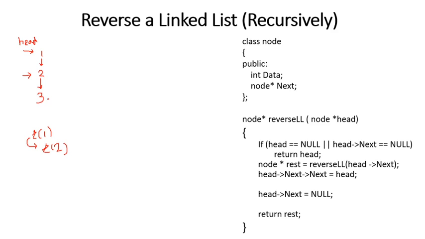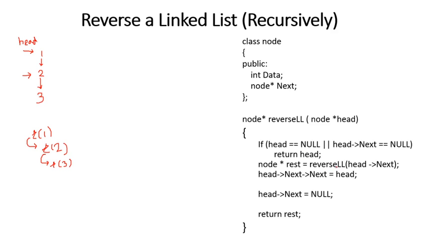So control will come here and it will recursively call the reverse linked list function, passing the parameter head arrow next. So from reverse 2 we are calling reverse 3, because head arrow next is 3.